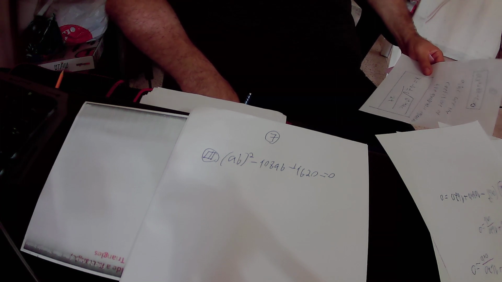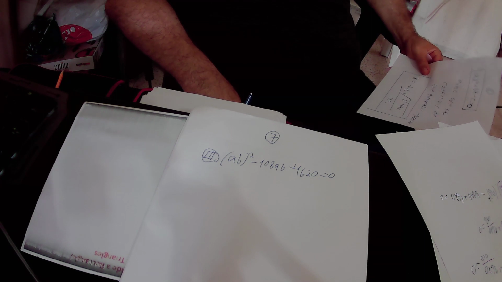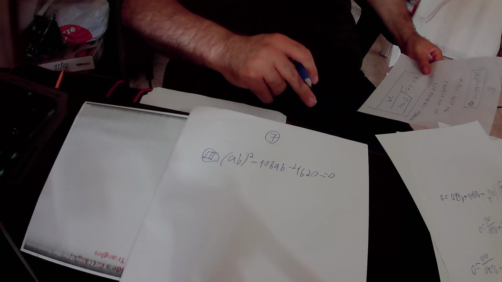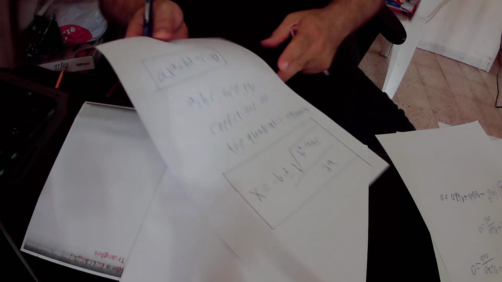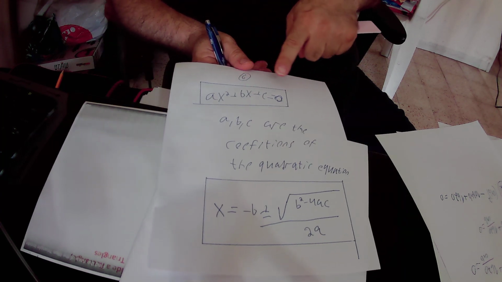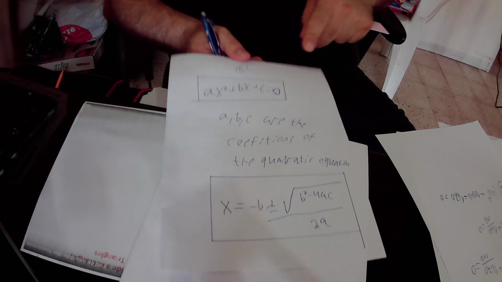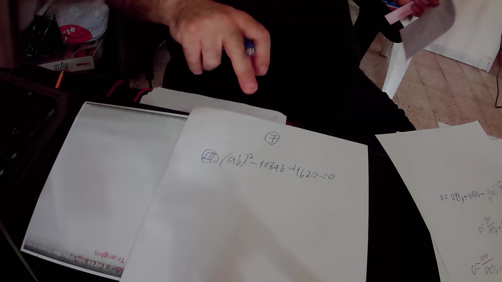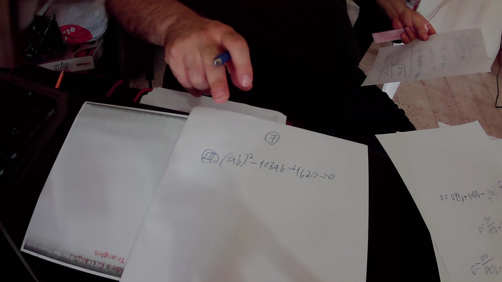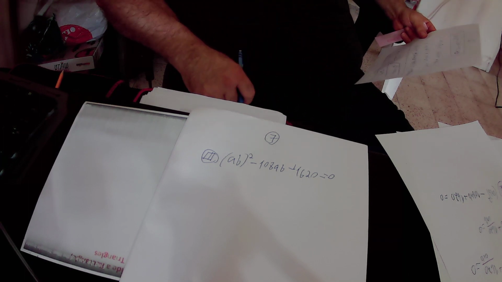and we want to find the variable. Our variable is AB. As x is the variable in this general quadratic equation, AB is the variable in our quadratic equation.